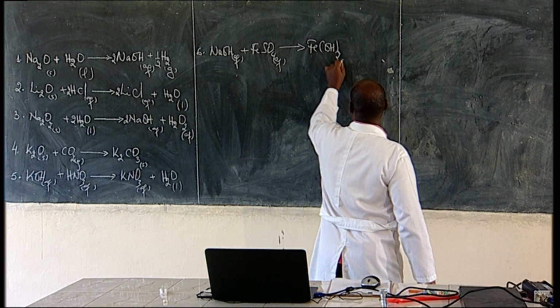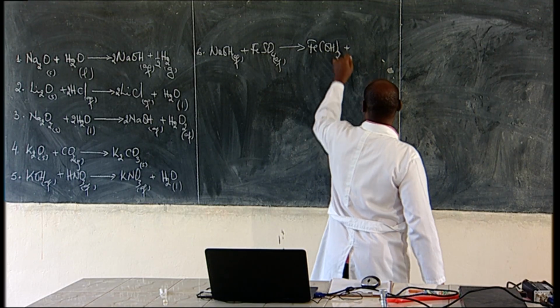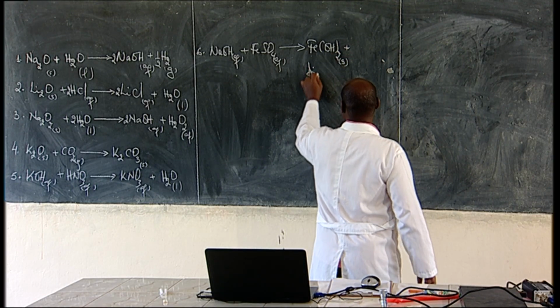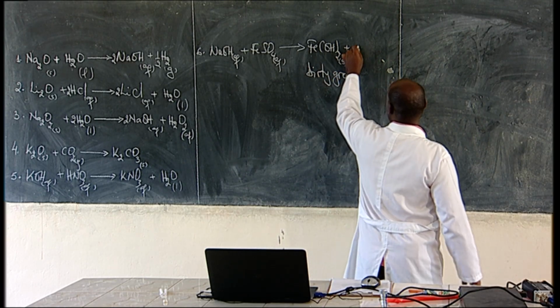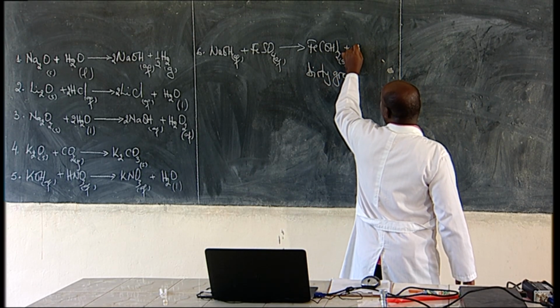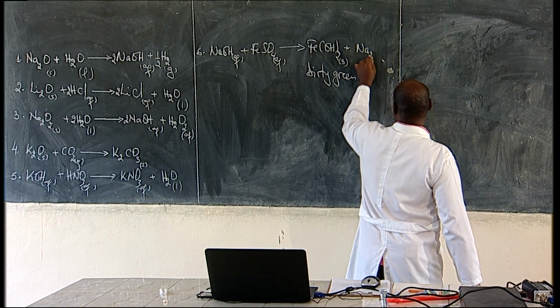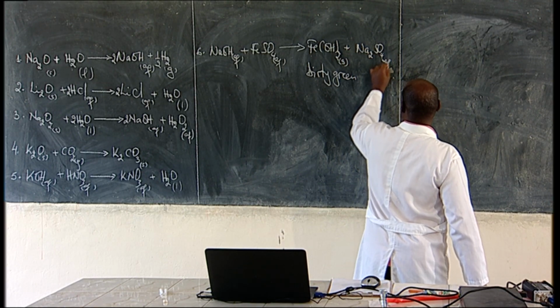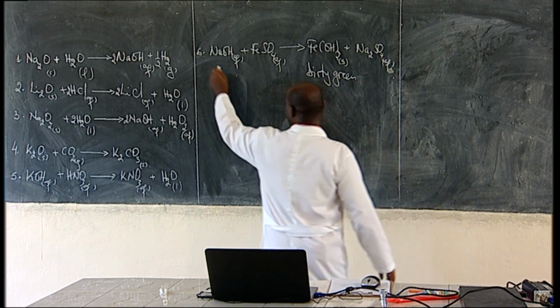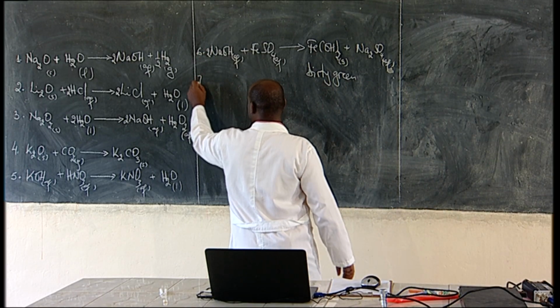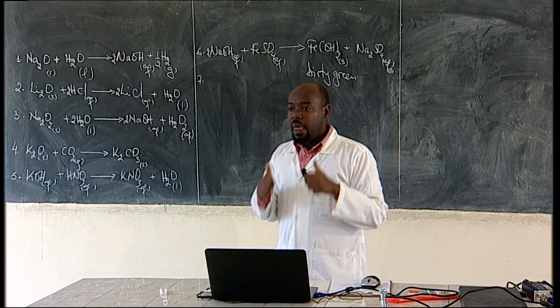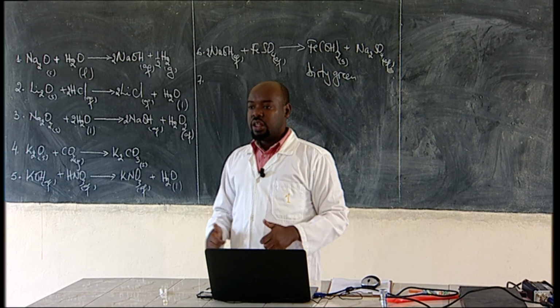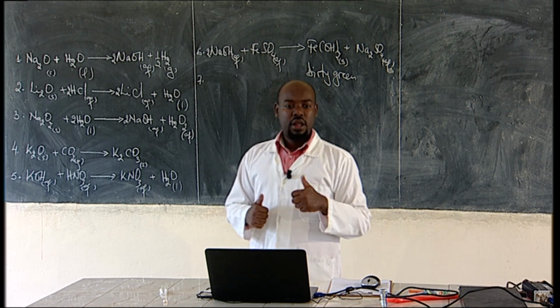This is a solid substance with a dirty green color. And we produce sodium sulfate, which is soluble in water. And then we balance.